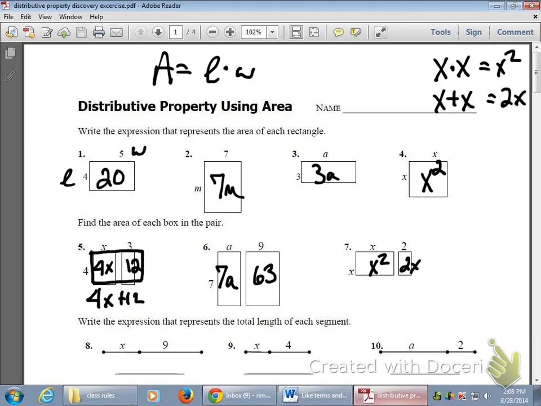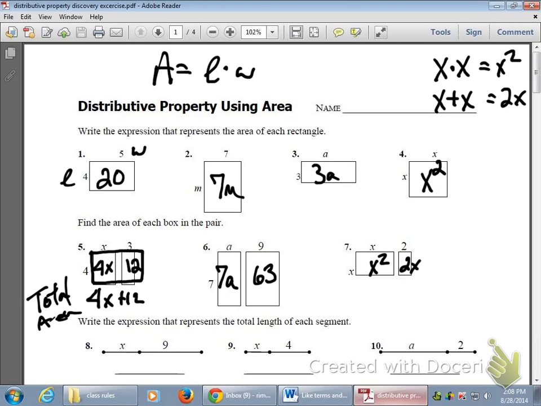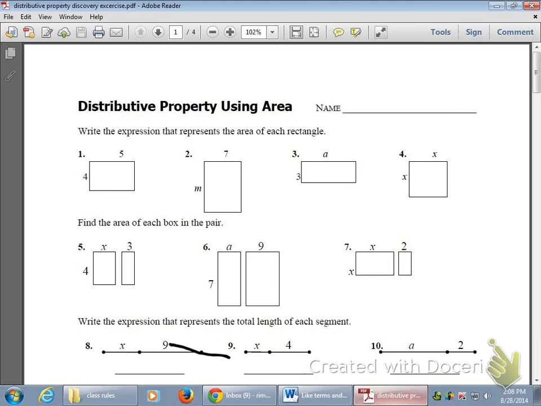If you add the two rectangles together, the 4x is the first one, 12 is the second one. So this is the total area, right? Yep. What would the total area of number 6 be? 7a plus 63 would be the total area.